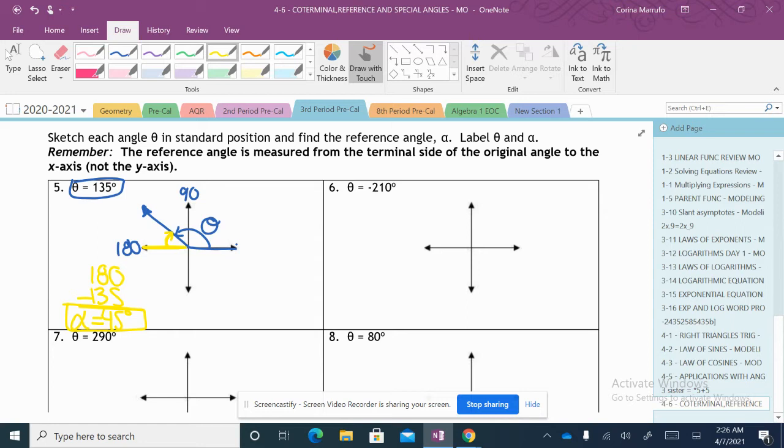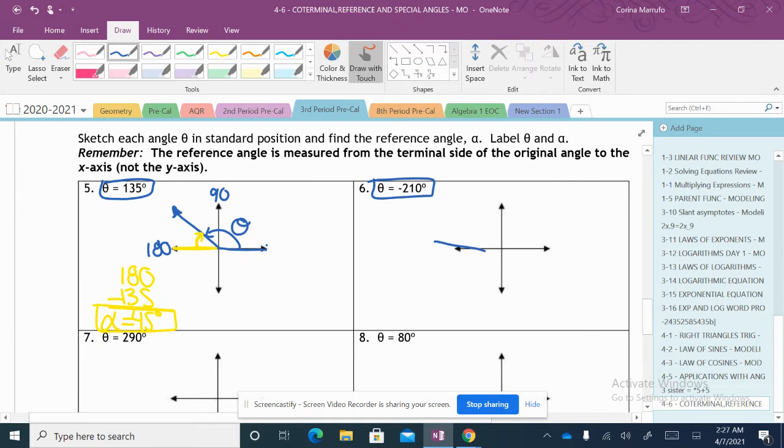All right, the next one here is theta equals negative 210. So here is our initial side where we start. And then this would be negative 90, negative 180, negative 270. So then negative 210 lands in between negative 180 and negative 270. And so then our reference angle is going to be the shortest distance from the x-axis.